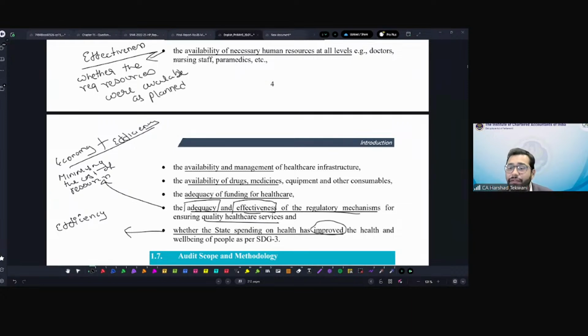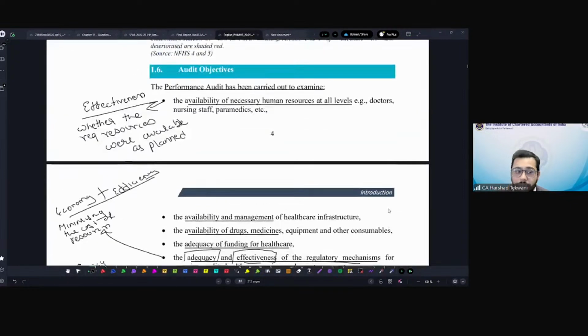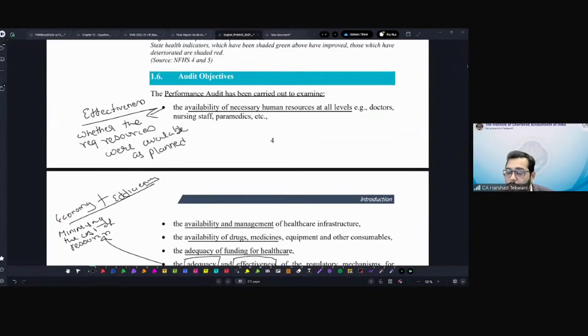These are the 3 E's which are verified in case of performance audit: efficiency, effectiveness, and economy. Clear? Any doubt with this?